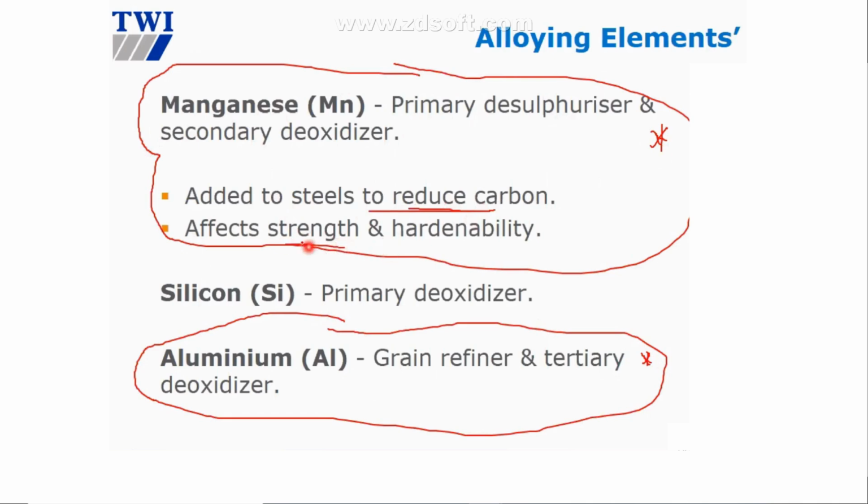The strength here always refers to UTS, right? Tensile strength and also hardenability. Aluminum mainly acts as a grain refiner. Grain refiner means you may get smaller grain. When you add more aluminum, you get more fine grain in the steel, right?